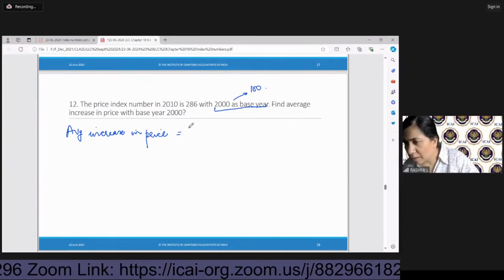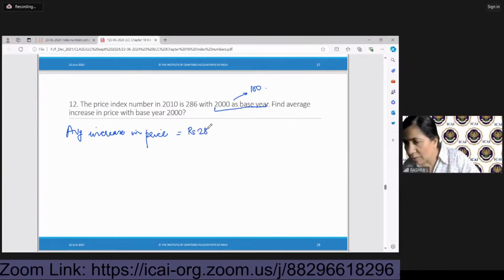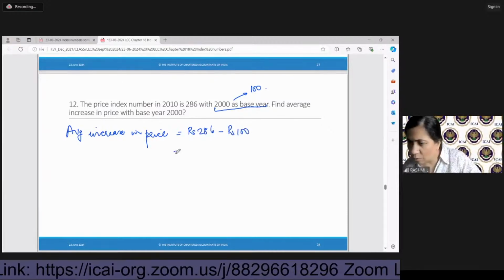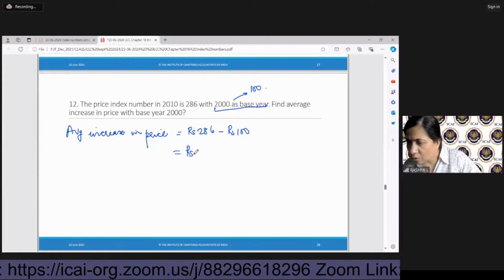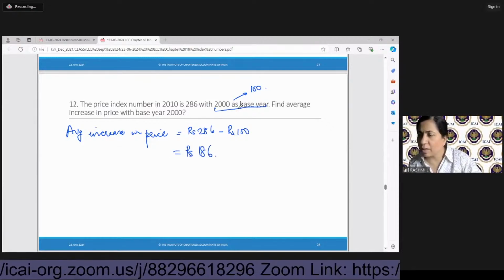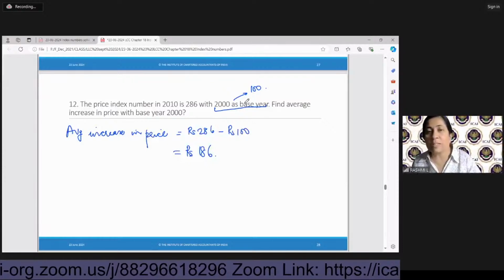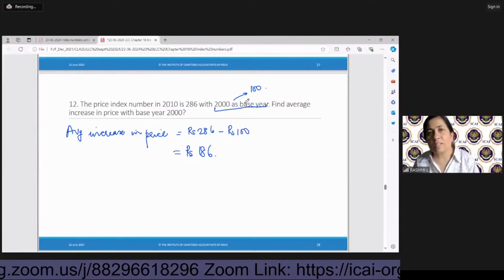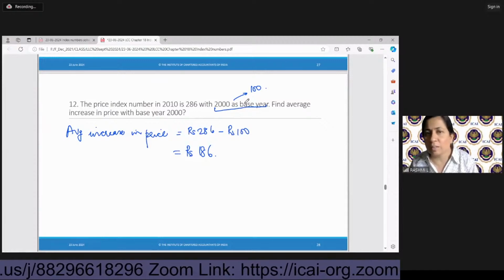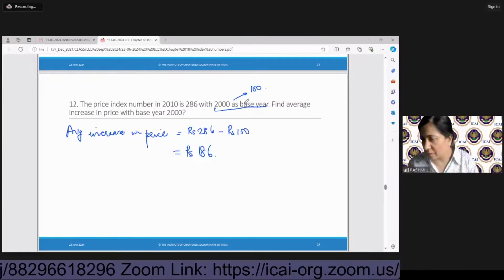So it will be rupees 286 minus rupees 100 as the base year. So what is the increase? Rupees 186. So simple here, what is being tested is whether or not you realize that 2000 is the base year, and that time I have to take the price as 100.